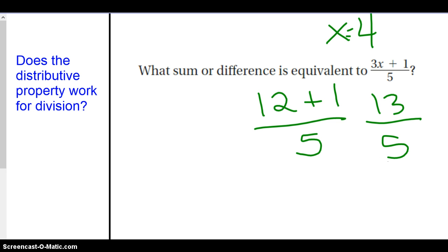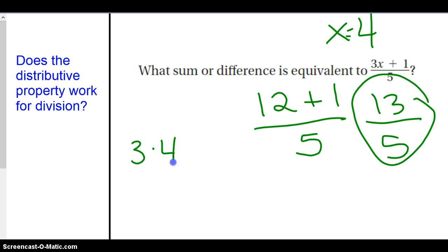Well, what if I just broke it apart? What would this 5 have to do in order to get the 13 over 5? What has to happen there? So if I did 3 times 4, and what if I just divided that by 5 and then added 1 to the end?